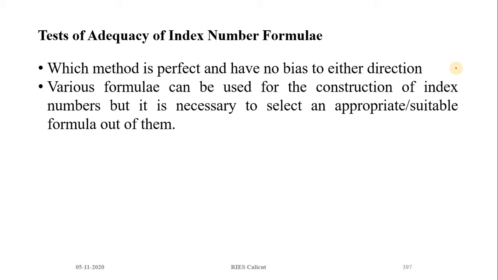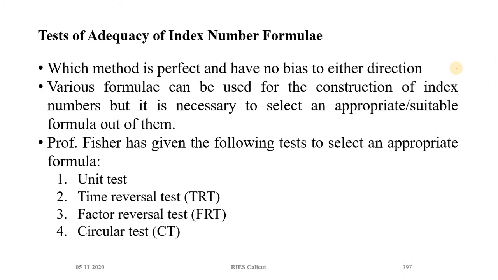Okay, so the question is which method is the best method, or which formula is the best formula, which is free from bias in either direction. This is the major fundamental question. In order to answer this question, Professor Irving Fisher has given certain tests.